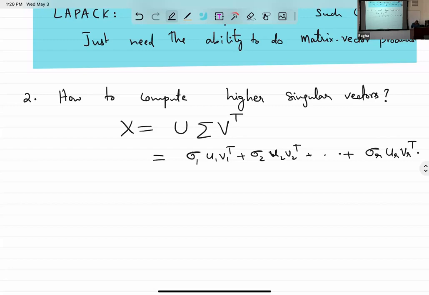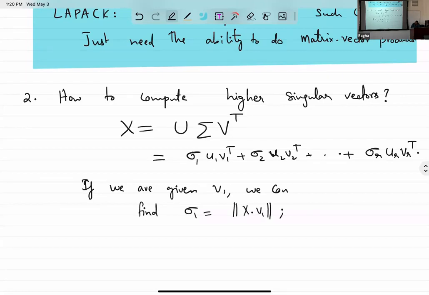Well, we know that if we are given V1, we can find sigma 1 as the norm of x times V1, and U1 is x times V1 divided by sigma.